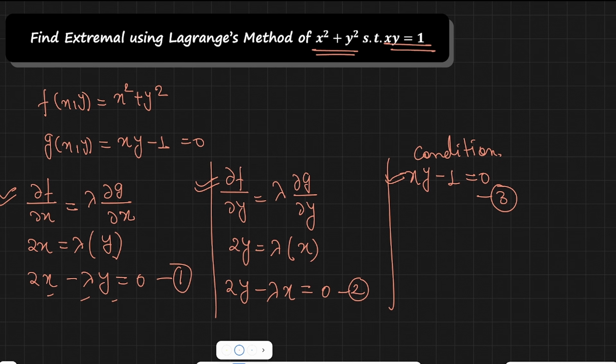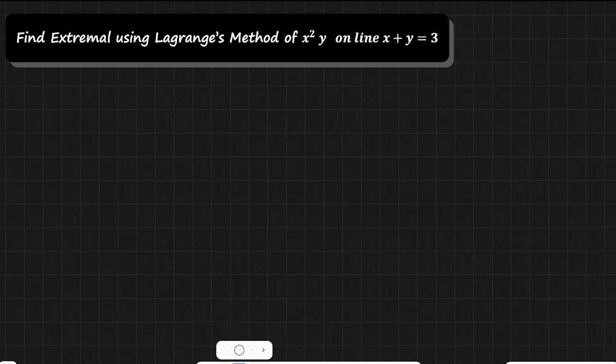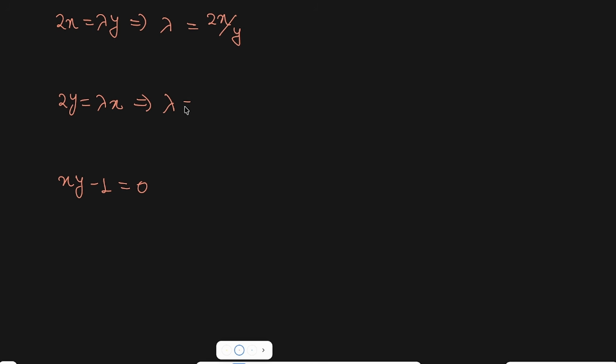Okay, the equations we got are 2x = λy, 2y = λx and xy − 1 = 0. Can I find lambda from here? λ = 2x/y. From here, λ = 2y/x.